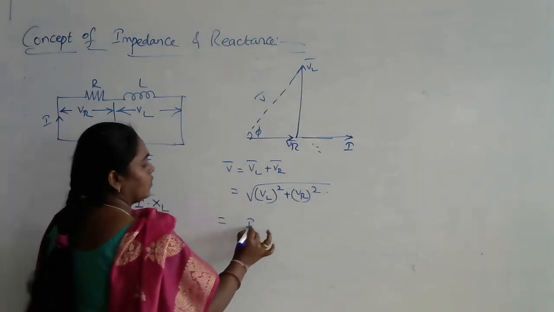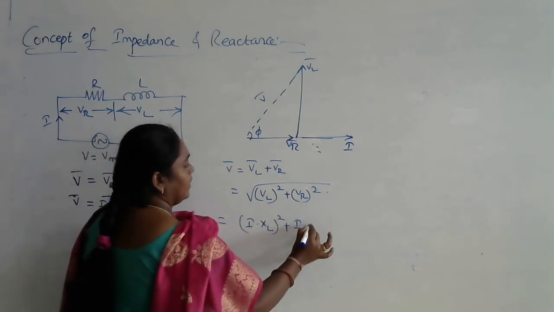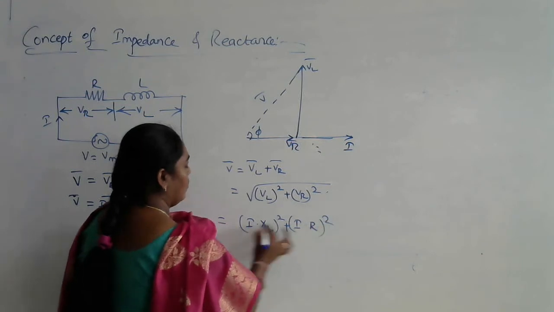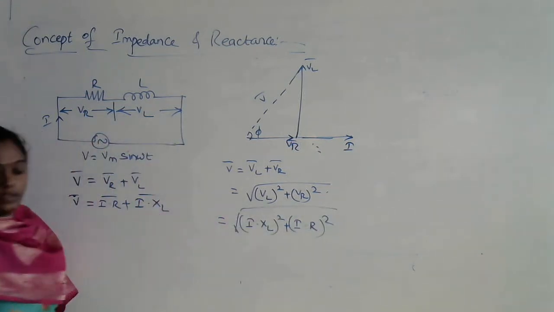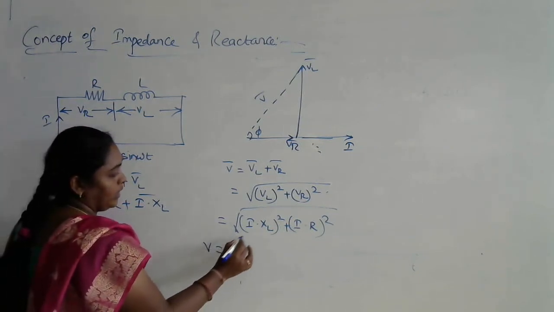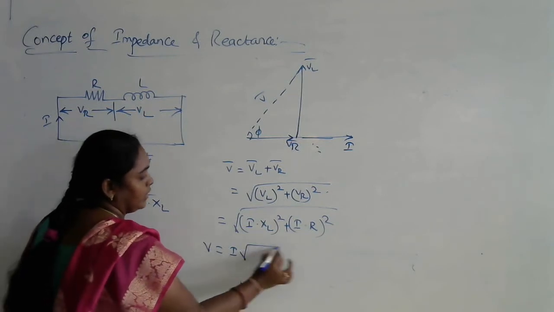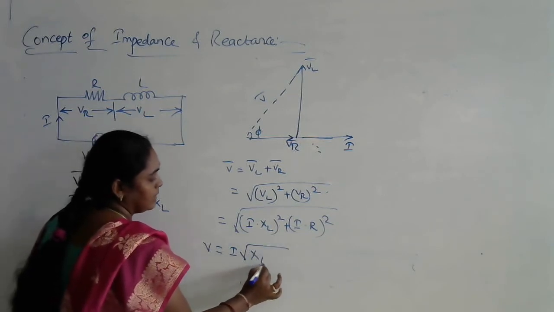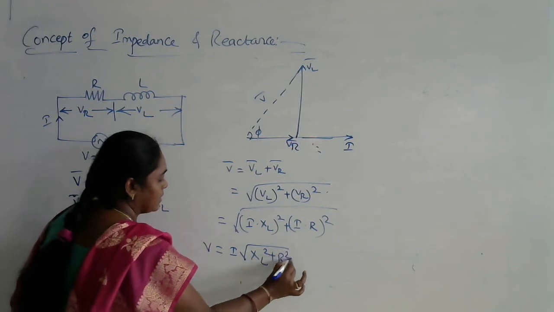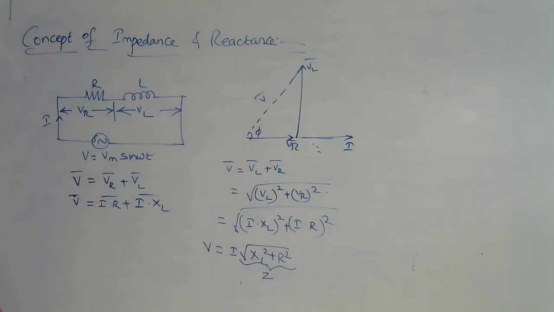So VL is I into XL, whole squared, plus I into R, whole squared, which can be written as V is equivalent to I into Z. We can take this I outside, so Z here is nothing but the square root of XL squared plus R squared. This is the concept of impedance.